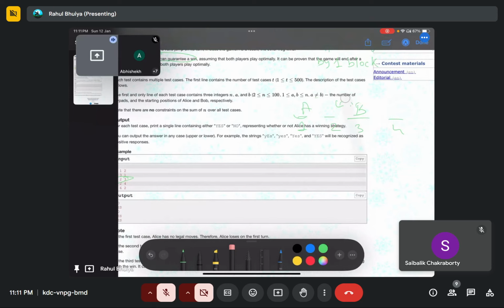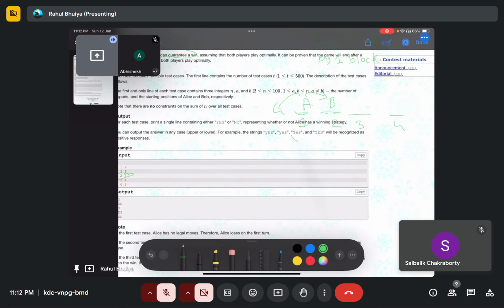Let me try with this move: I'm pushing Bob to here. Here Alice has no move. Alice cannot go here because there is no lily pad. Alice cannot go here because Bob is standing there. So Alice fails here.